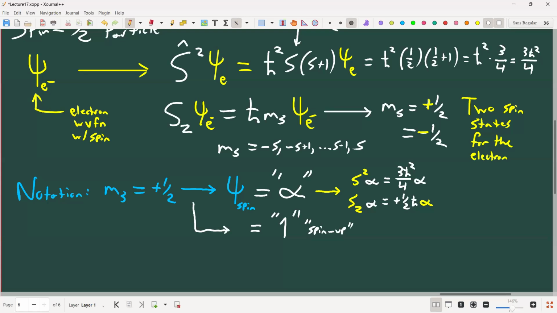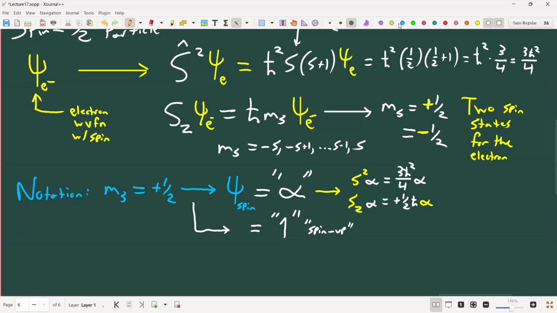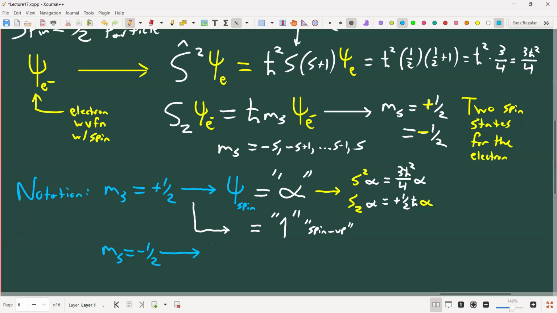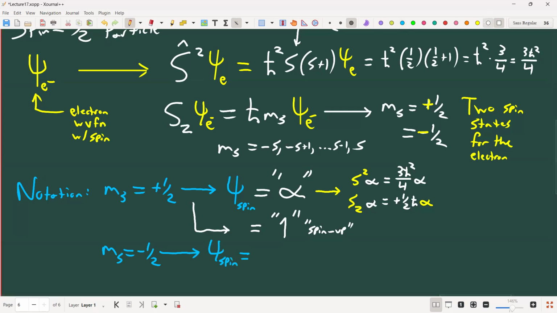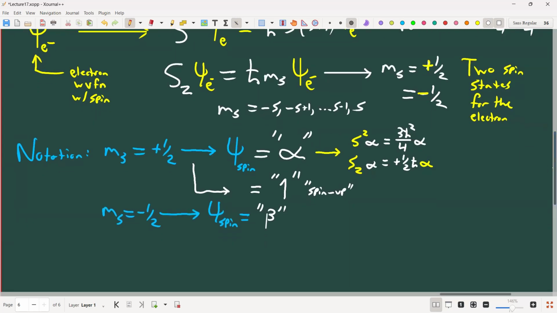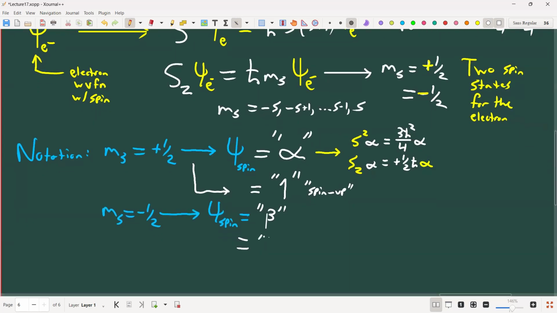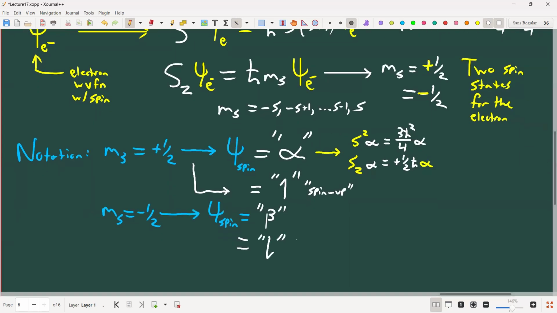We often use a little arrow pointing up for that. And then m sub s equals minus 1/2. We have two labels that we often use for that. The spin part of the wave function we often call beta. That means spin down. Or we give it a down arrow, just spin down.